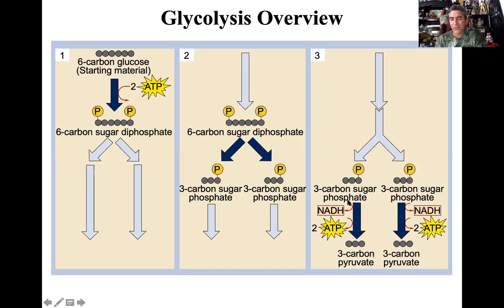We get our electrons to NADH. Again, for a grand total of 2 pyruvates, 4 ATPs, 2 NADH. But again, we invested 2 ATPs, so we only have a net profit of 2 ATPs here.